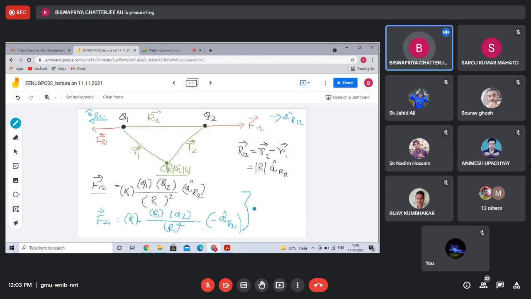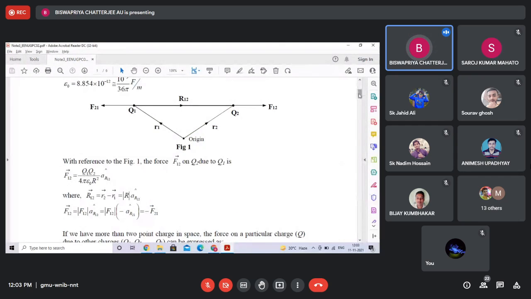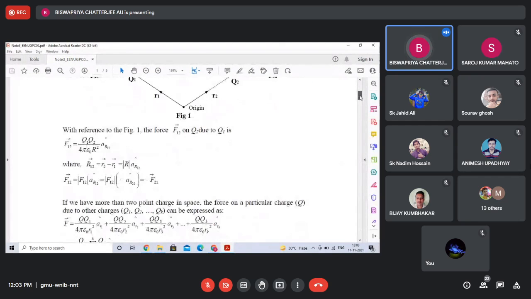So F12 is nothing but negative of F21. The magnitude remains the same, however the direction is opposite.